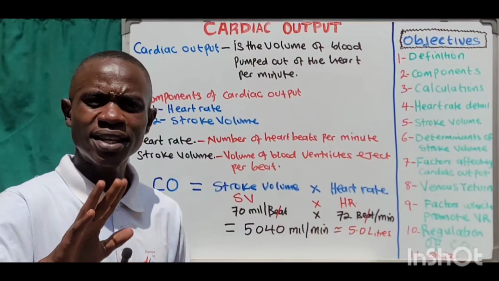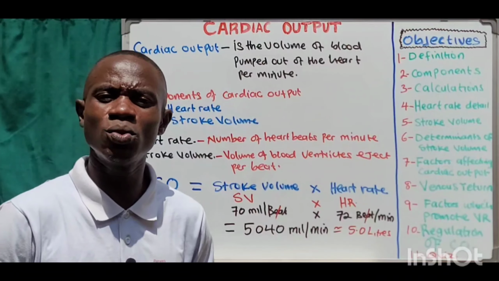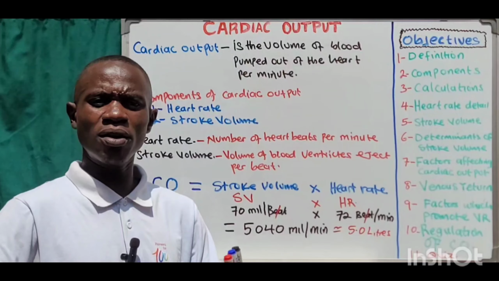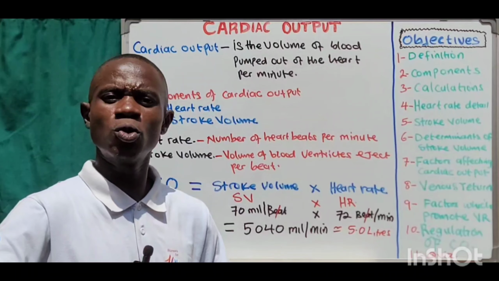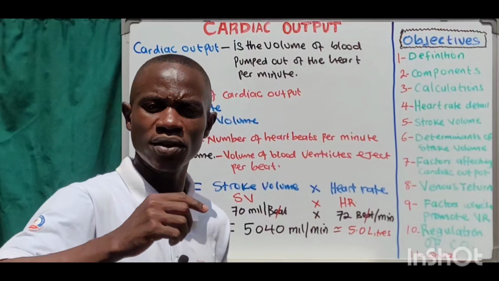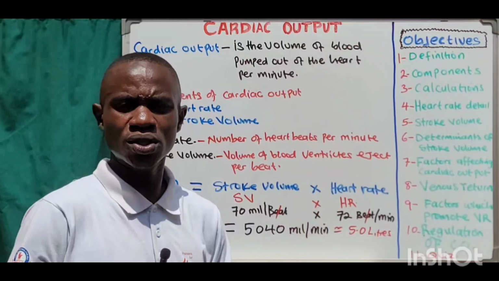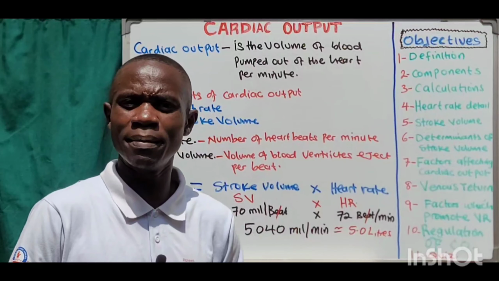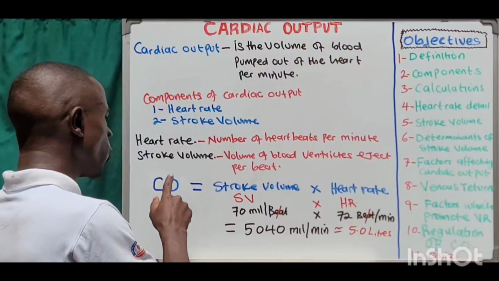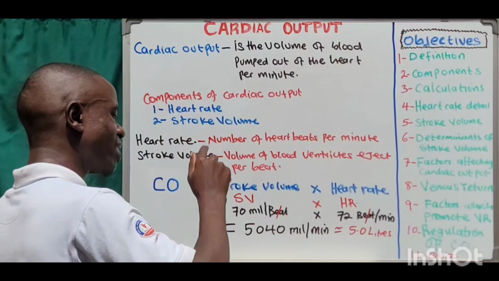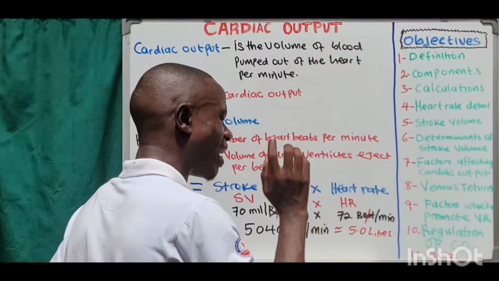But this cardiac output can keep changing depending on tissue demand. For example, if someone does a little exercise, the cardiac output increases because the demand of the tissues has increased, meaning it does not remain constant. For cardiac output to increase or decrease, it depends on stroke volume and heart rate.